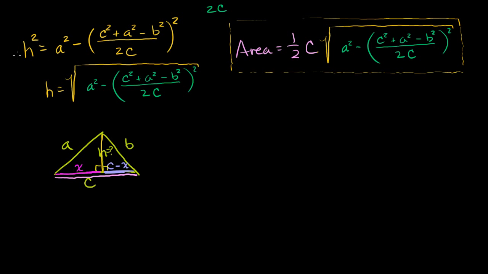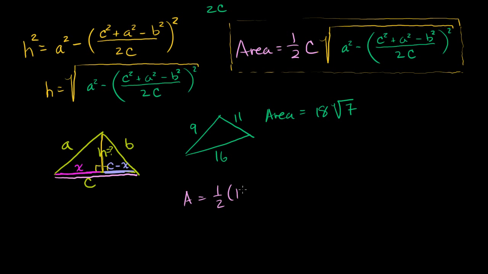Now, actually, let's just apply this to show that this at least gives the same number as Heron's. So in the last video, we had a triangle that had sides 9, 11, and 16, and its area using Heron's was equal to 18 times the square root of 7. Let's see what we get when we apply this formula here. So we get the area is equal to 1/2 times 16 times the square root of a squared.